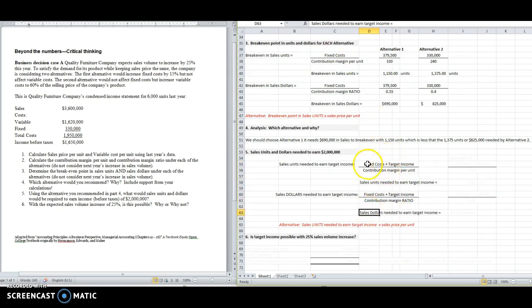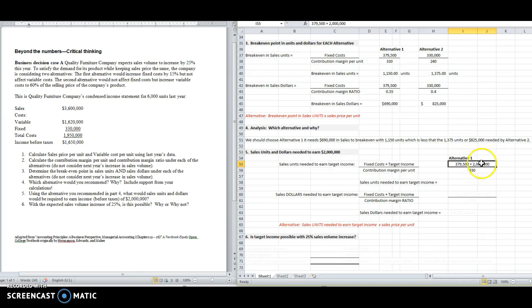The only difference being we're taking fixed costs plus the target income as the numerator, and then we're still dividing it by contribution margin per unit or contribution margin ratio. These are the same formulas that we've used because at break-even, target income is 0. So, in this case, we don't want 0. We want a target income of $2 million.